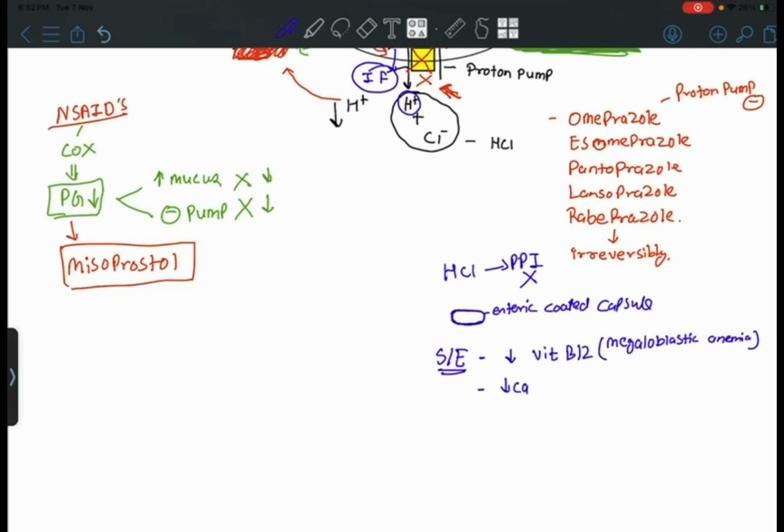It interferes with the absorption of calcium, because acid stimulates the absorption of calcium, and if we decrease the acid, calcium absorption is affected, so osteoporosis can be seen.